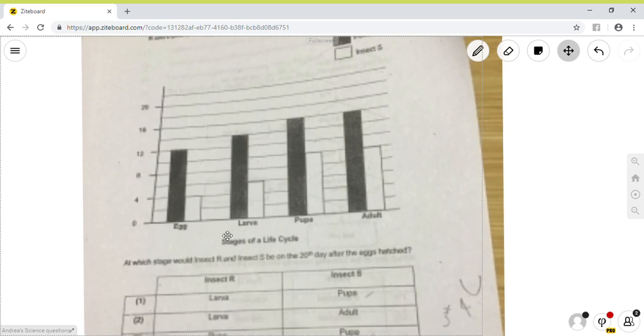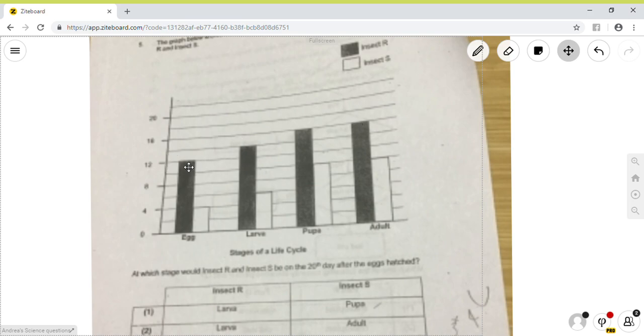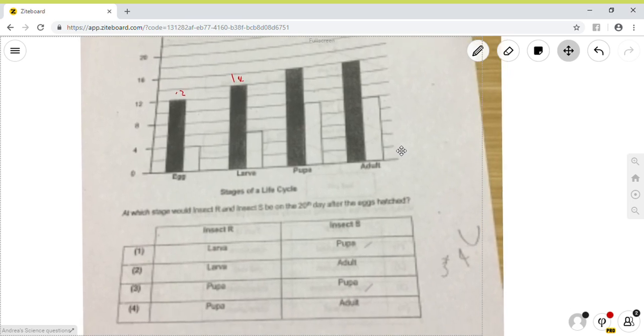Okay, so for example, we look at R. R takes 12 days to become an egg. Then 12 days later, this is 14, right? 4, 8, 12. Yeah, so here is 14 days. So on the 20th day, R is a larva, isn't it?